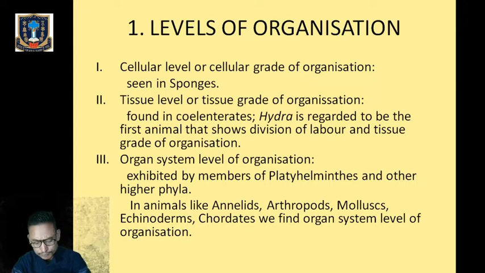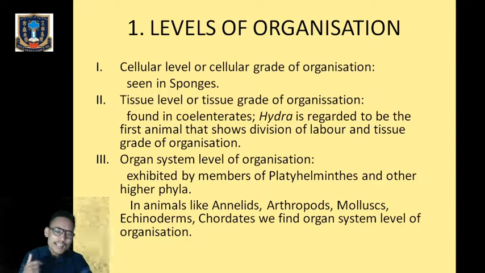Now, when we are talking about this organ system level, it also has various patterns of complexity. For example, in the digestive system of platyhelminthes, they have an incomplete digestive system. That means they have only a single opening. From that opening there is intake of food and also the removal of waste.